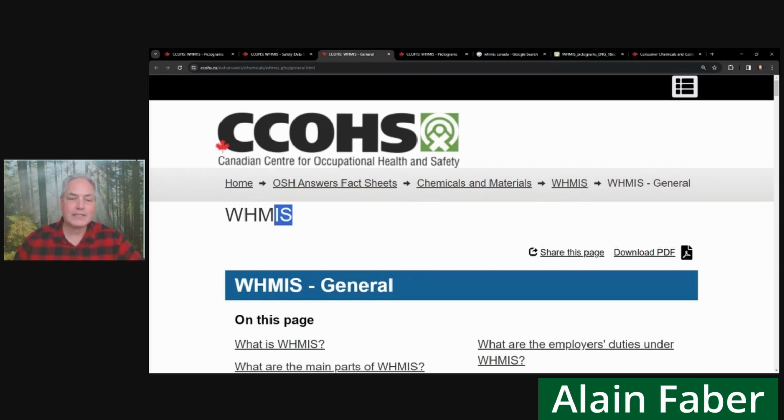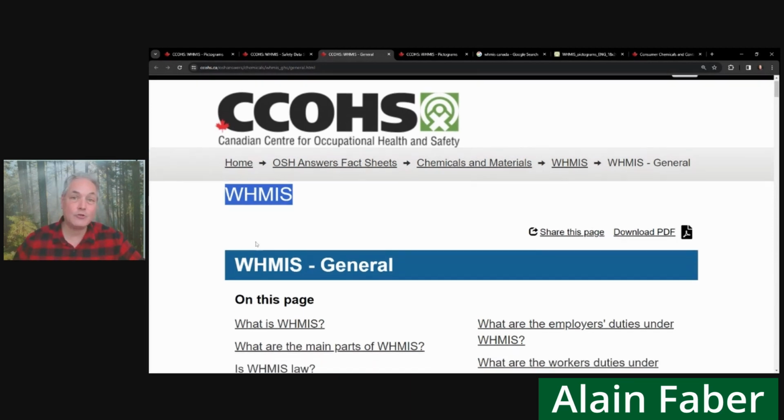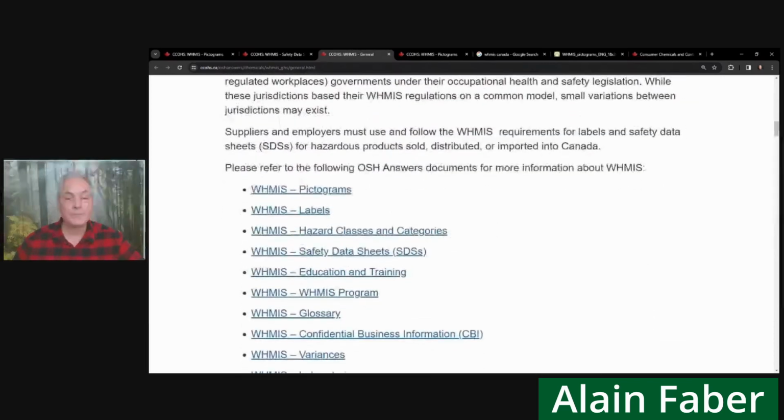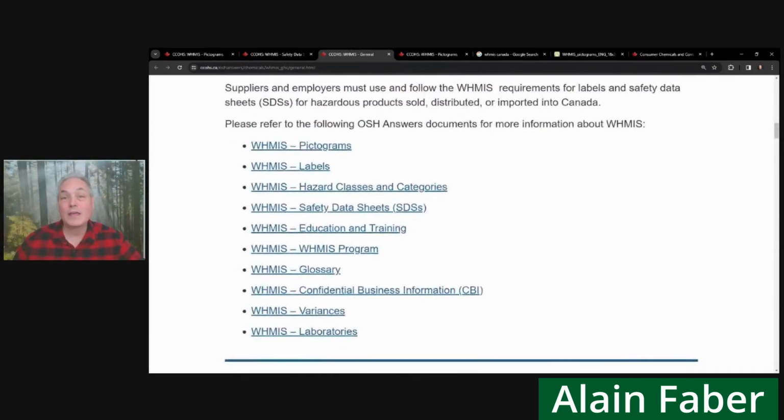So let's see what this whole idea of WHMIS is working with. This is a new legislation from 2015 with new symbols, and WHMIS works with three main aspects. The first one is that all aspects of chemicals in the workplace need to be labeled. So in a moment, we're going to talk about the different labels.